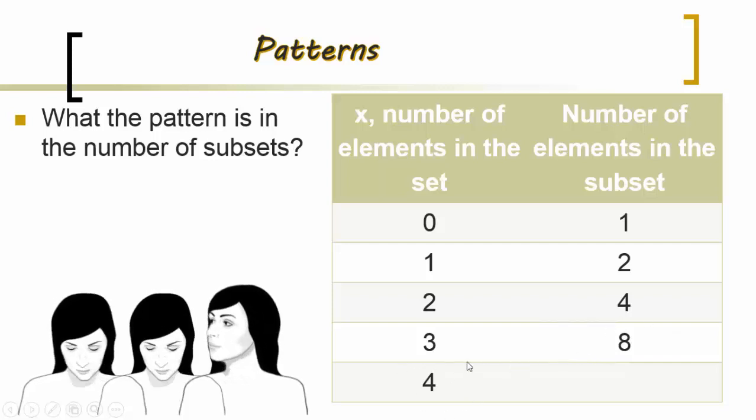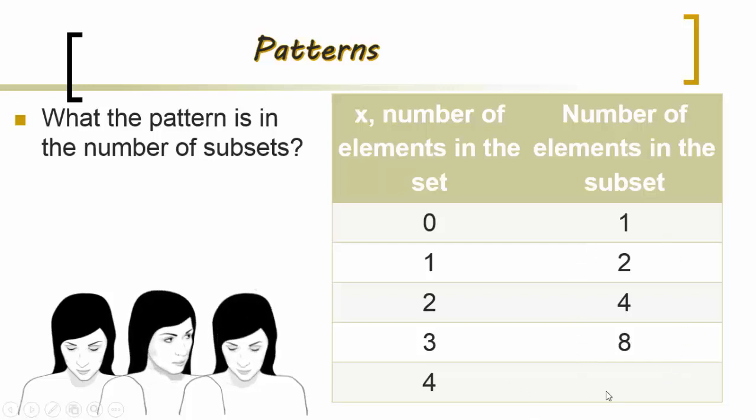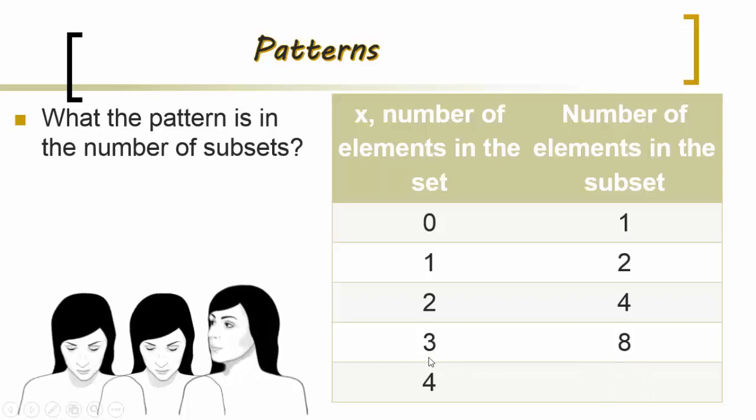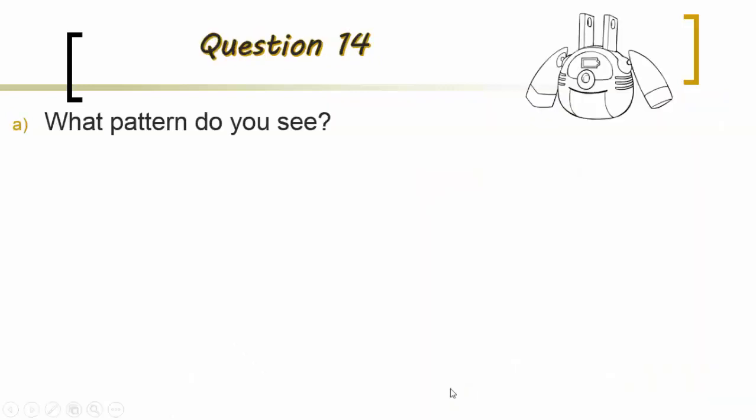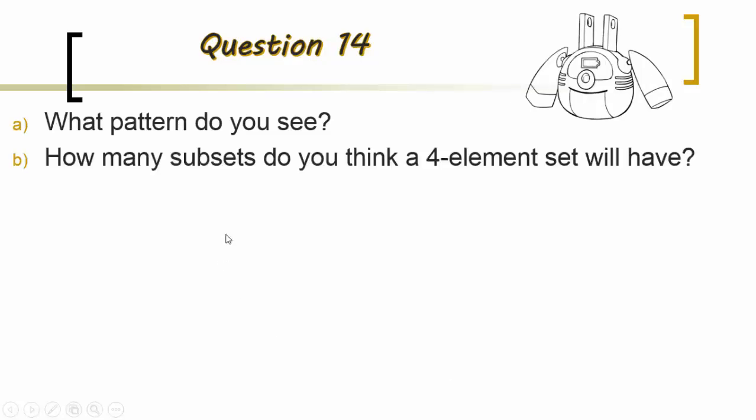Now we're going to see, looking at these patterns, if we can deduce the number of subsets a 4-element set will have. So we're asked in question number 14 to look at this pattern and to think, how many subsets do we think a 4-element set will have?